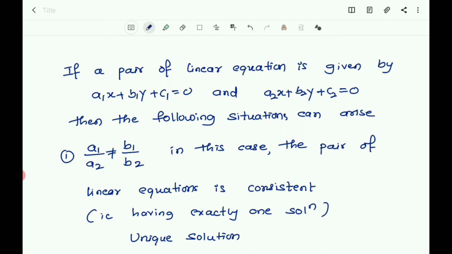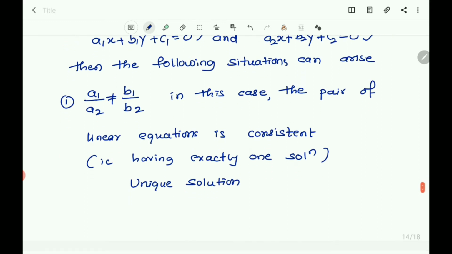If a pair of linear equations is given by a1x plus b1y plus c1 equals 0 and a2x plus b2y plus c2 equals 0, then the following situations can arise. First, if a1 by a2 is not equal to b1 by b2, in this case the pair of linear equations is consistent.